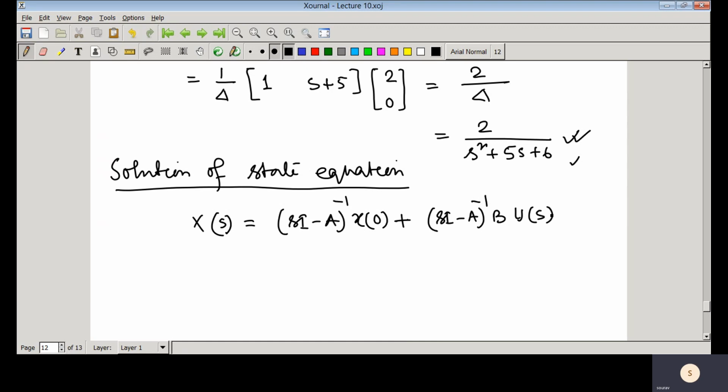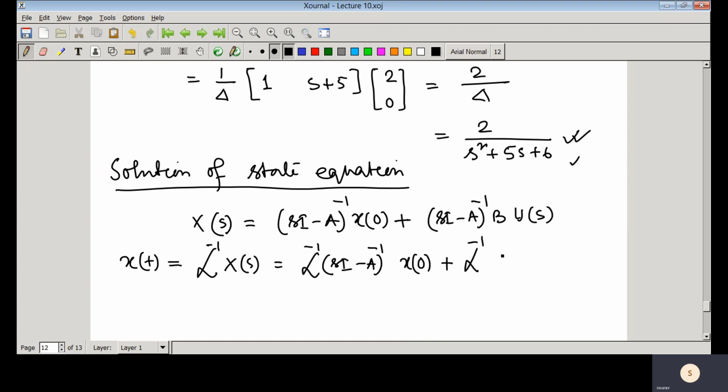So now what would be your x(t)? x(t) is obtained just by taking the inverse Laplace transform of this state equation, where you will get (sI minus A) inverse B U(s).